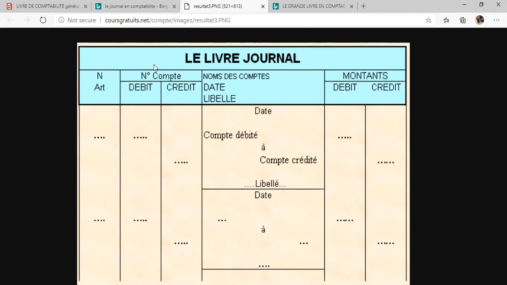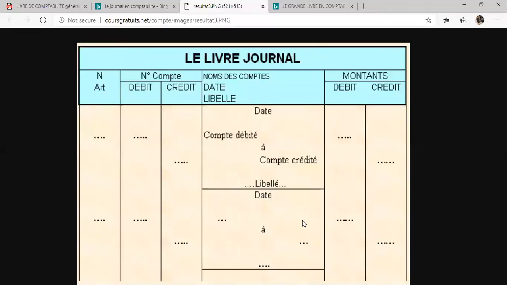It's clear, thank you. Okay, so this journal is really something long, but luckily after every new date, you close it. So here, just before this second date, below libellé, you draw a line from here to the end.